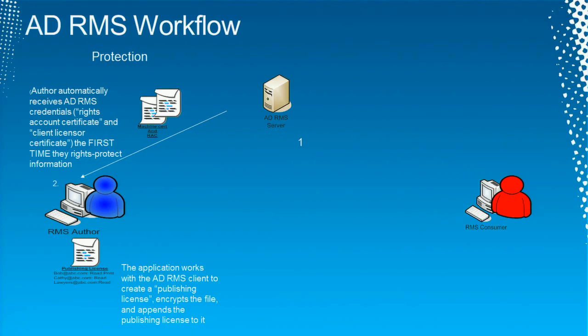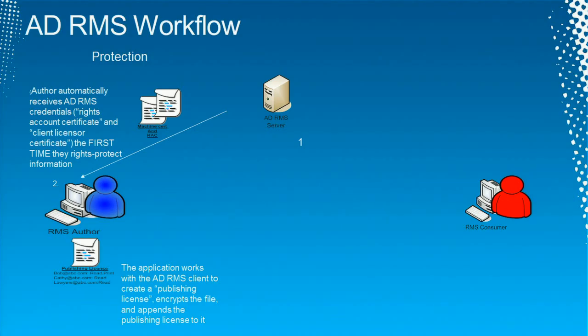So then, once the author is bootstrapped, that's when the applications integrated on top of the RMS client come into play. With the RMS client, or the application in conjunction with the RMS client, what they're going to do is create this thing called a publishing license. All the publishing license does is describe the set of rights that the author has granted to another user.